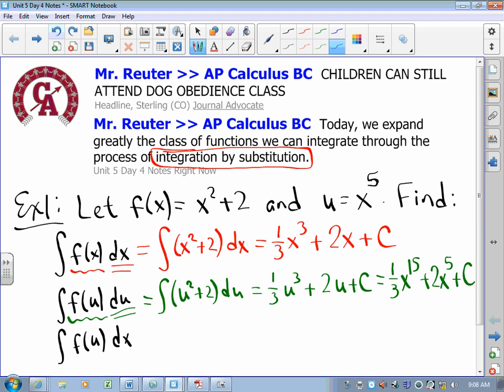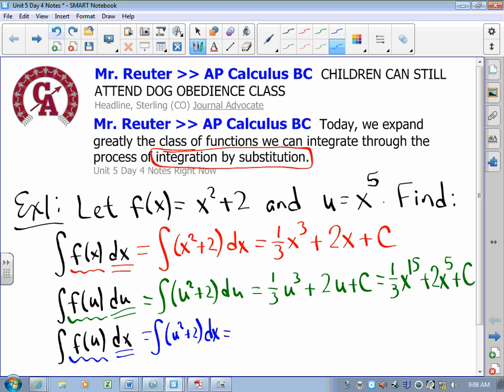And then in the third problem, the differential is dx, but the function is in terms of u. So we're integrating u squared plus 2 dx. But we can't do that.